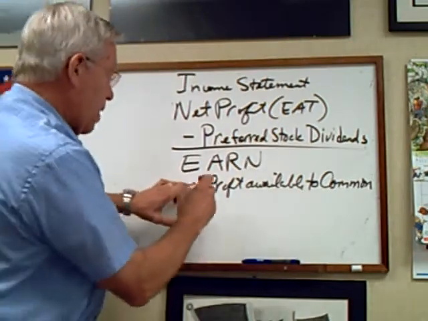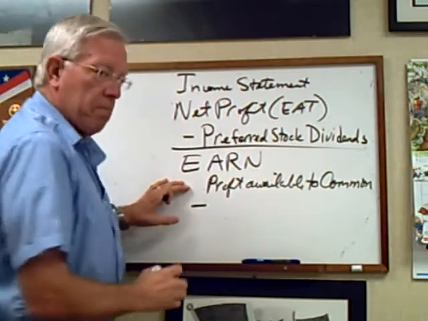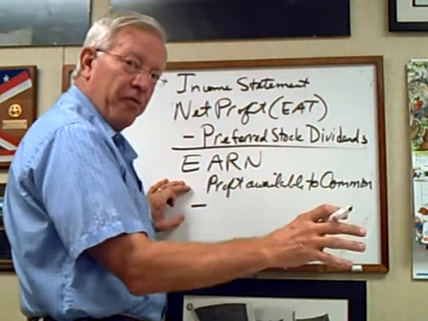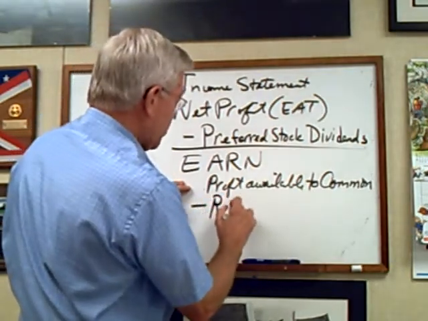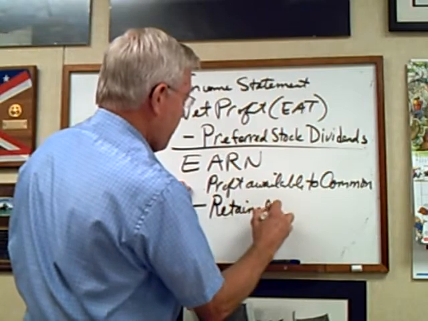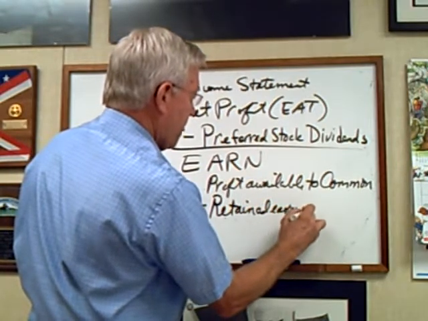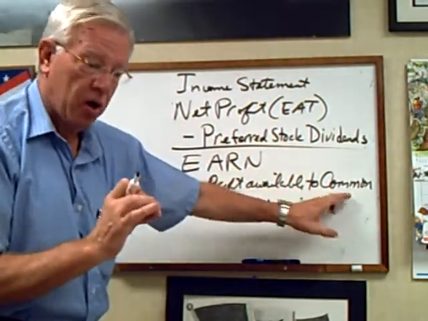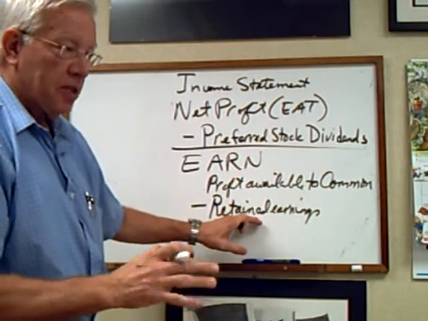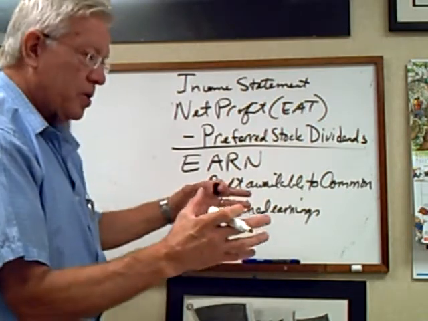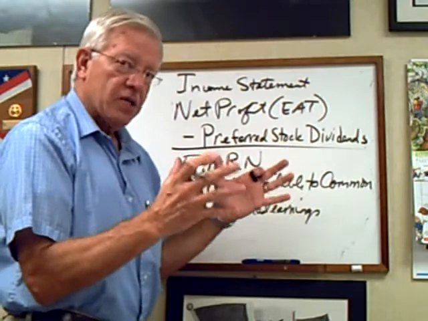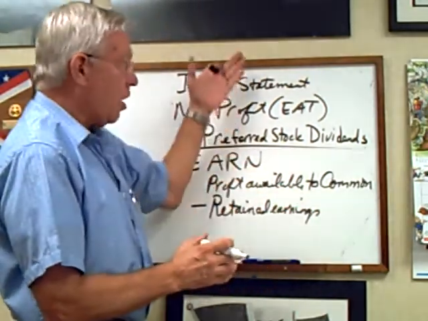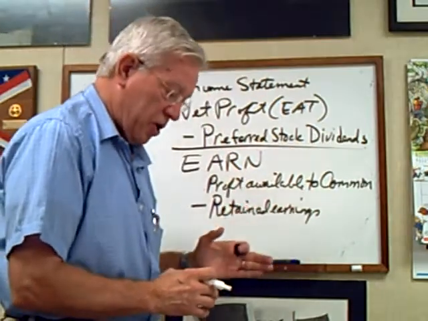That's just available. But from the earnings, many businesses will retain some of their profit in order to help finance the firm. That's called retained earnings. And retained earnings remain something that common stockholders deserve, yet the dividend policy of the company will be such that we're going to say to the common stockholders, we're asking you to invest some of your profits back in the firm so you can help improve the overall financial situation of the firm.